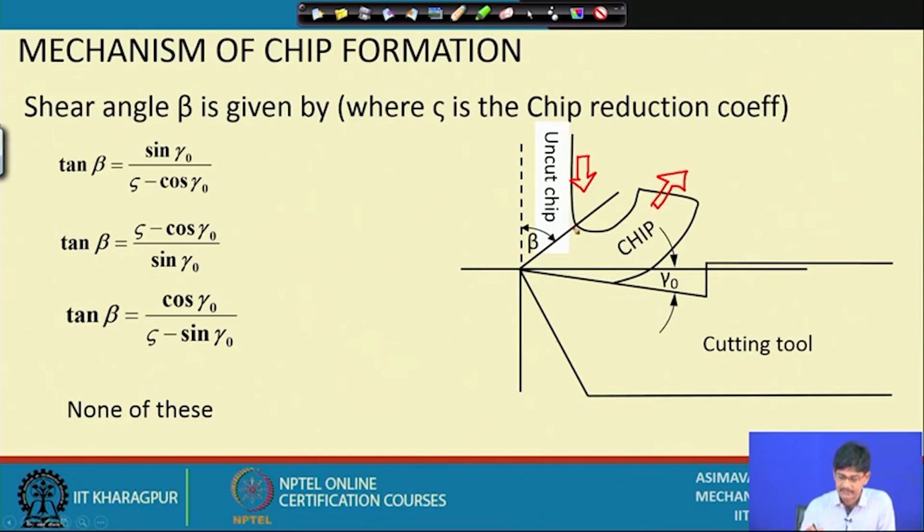This is the place where we are assuming that across a single plane the whole of the deformation of the chip is taking place. Some deformation of course takes place in the secondary deformation zone, but here we are considering that across a plane the primary deformation is taking place. This is angle beta, and we have to find out the tangent of angle beta. This one, if you remember, we have already derived in the class, and this happens to be the correct answer.